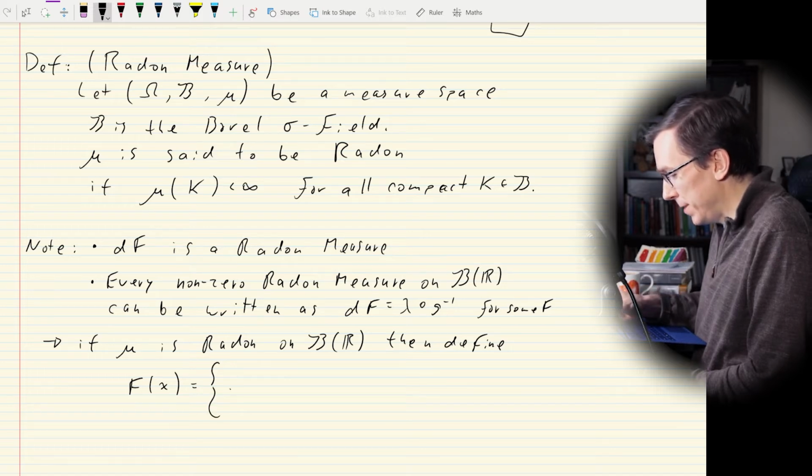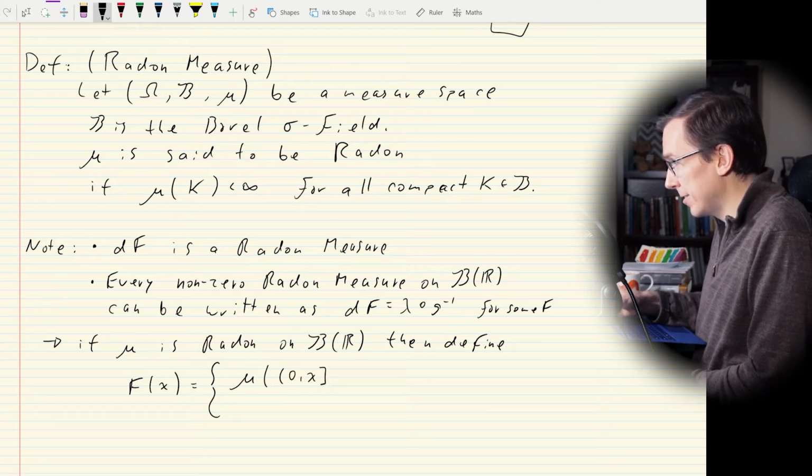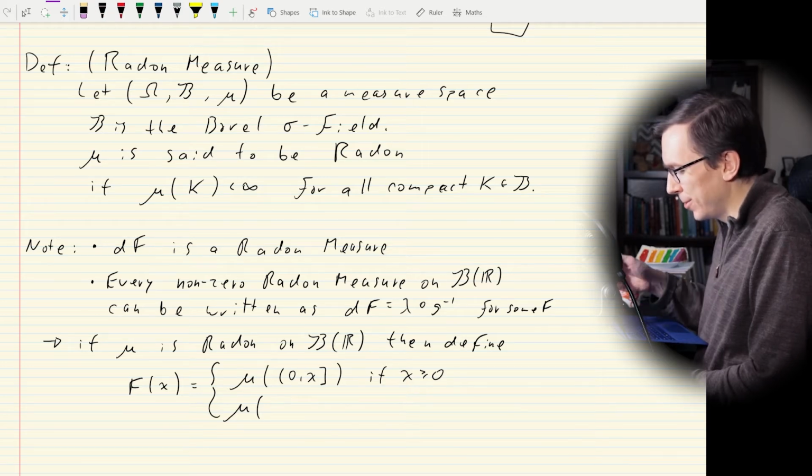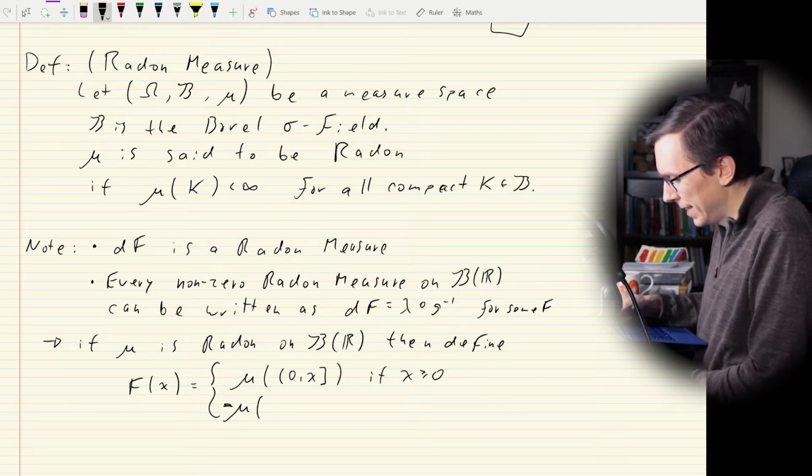It's going to be mu of the half-open interval 0 to x if x is greater than or equal to 0, and it's going to be the half-open, oh no, I always get this wrong, it's negative, sorry, negative mu of the half-open interval x to 0 if x is less than 0.